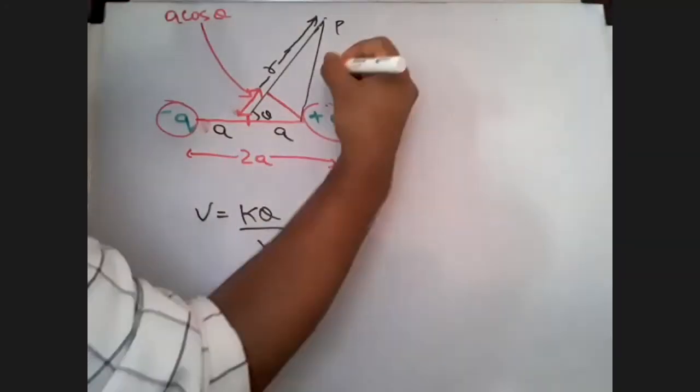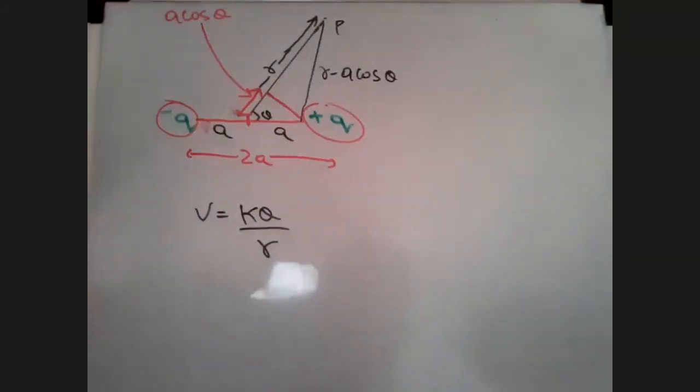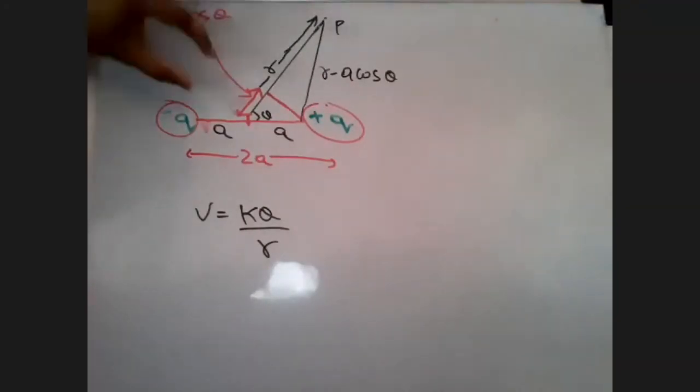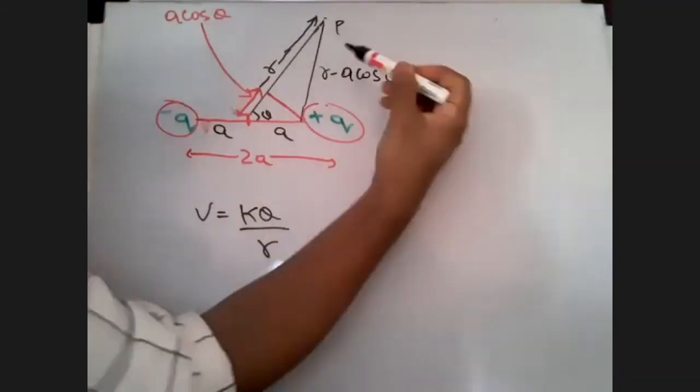It's going to be R minus A cos theta. The reason is, if this is R and this is A cos theta, and I'm taking this point P very far away from the dipole, quite close to infinity, then this length will be equal to this entire line.